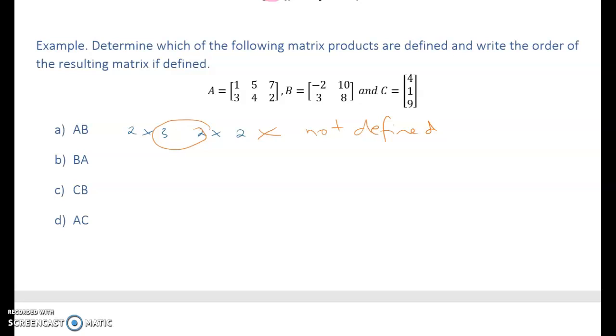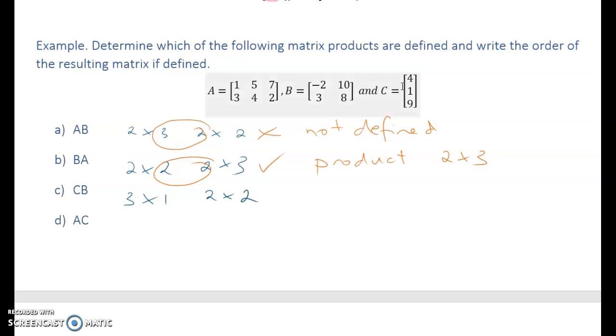If we look at BA, that means we're doing 2 by 2 and 2 by 3. These two work, so they're defined, and the product matrix would have the order of 2 by 3. Next, C and B. C is a column matrix, so it's 3 rows by 1 column, and B was 2 by 2, so that's no good, that's not defined.